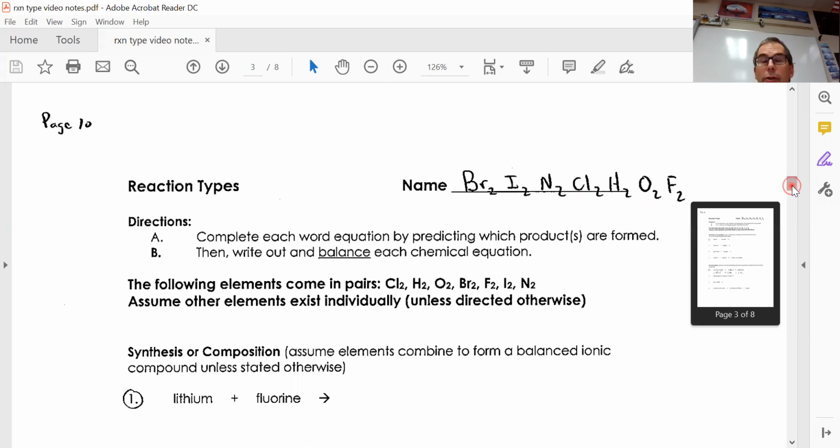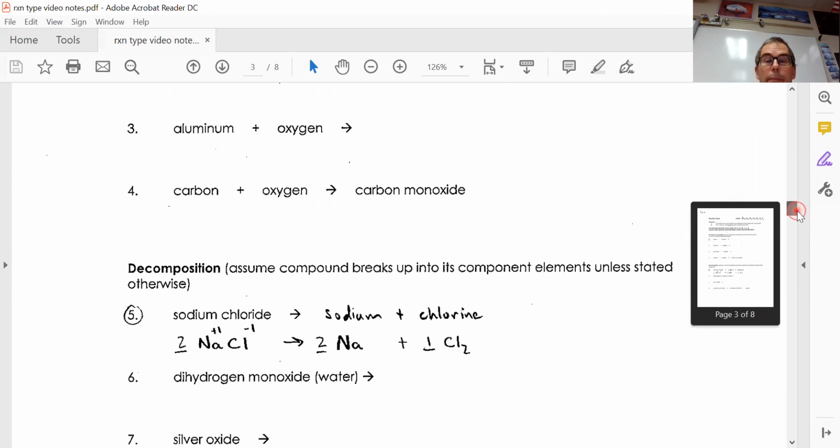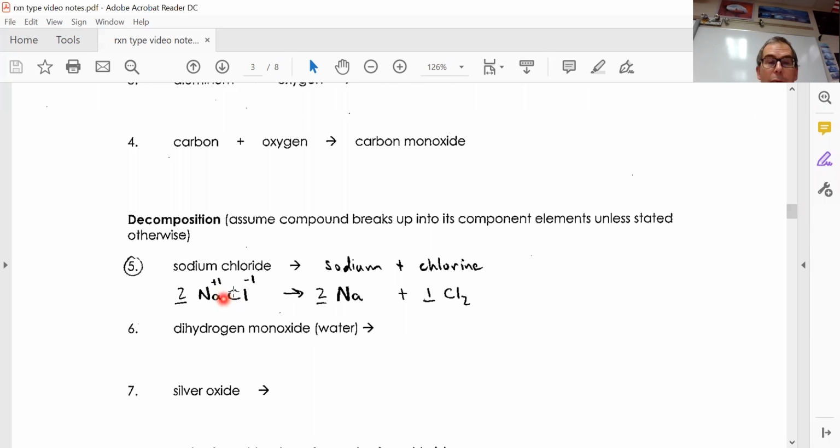And so I get my right chemical formulas first. Now I look at it and say, oh, Cl2, I need to put a 2 in front there. That gives me 2 Na. I have my balanced equation. So again, very similar to the balancing for synthesis, except it just goes in the opposite direction. But we see a lot of commonalities there.